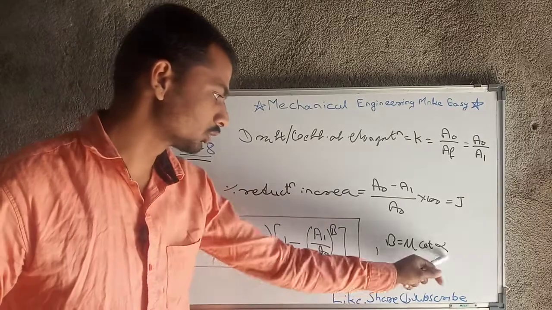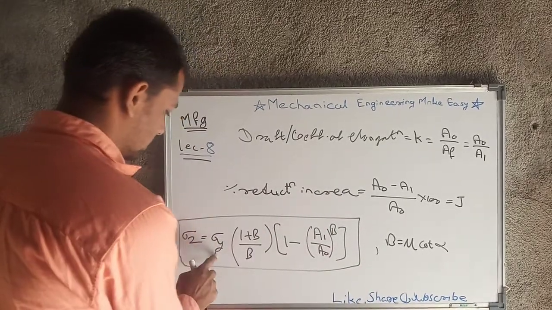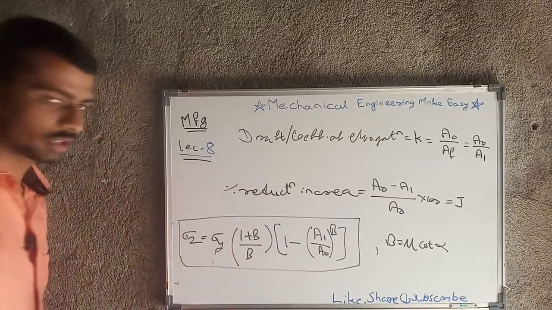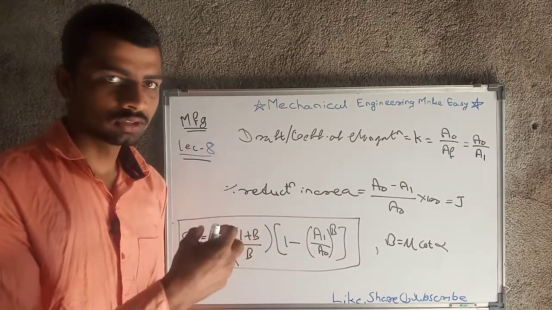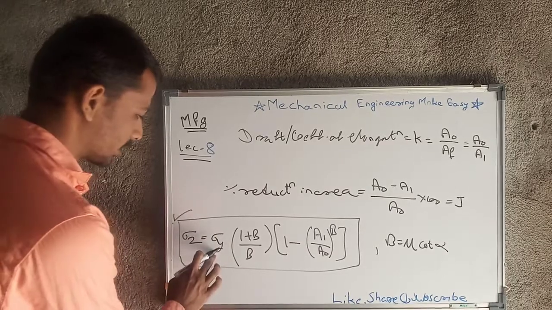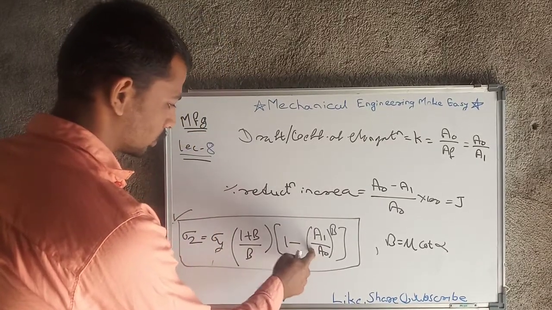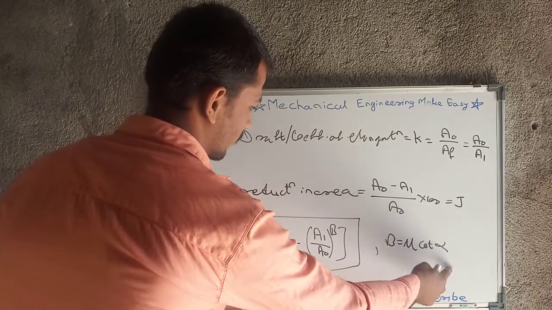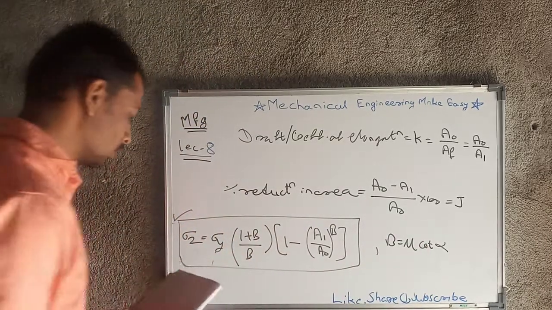Depending on these two values B will vary, and according to B, the yield stress and the original and final area, the required drawing stress sigma 2 will vary. Note down this formula: sigma y is the yield stress of the material, then original area, final area, and B is mu cot alpha. Note down this.